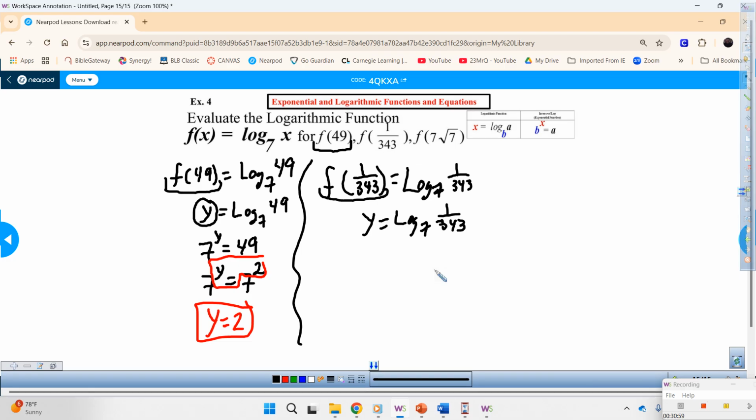Tell me what to write. Caesar. Seven to the y equals 1 over 343. All right. Next, we need the same base. 7 to the y equals 1 over 7 to the what? 7 times itself, how many times gives us 343?